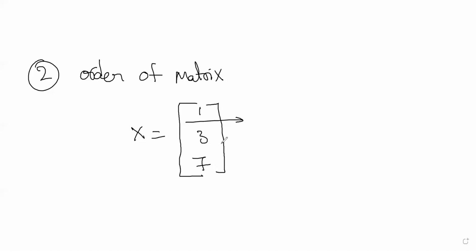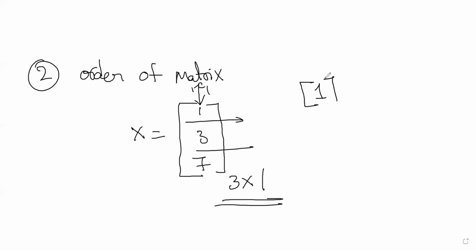This contains 3 rows and 1 column, so that is 3 by 1. Only 1 column is there and you have 3 rows. Suppose you write a single element; this is also a matrix of 1 by 1 order.